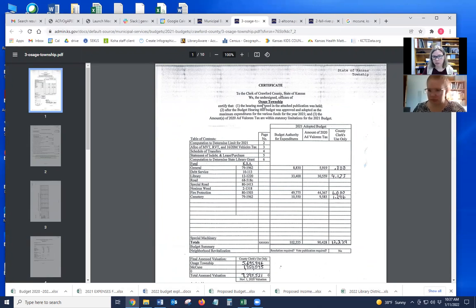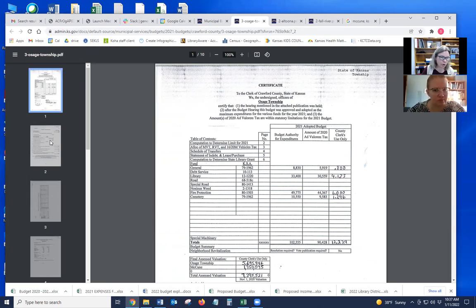This is the certified budget for the Osage Township, and there's the library fund that is the taxing authority from that law, the 12-1220. And this tells of the ad valorem, of the property values for your community, how much of that you're going to need.